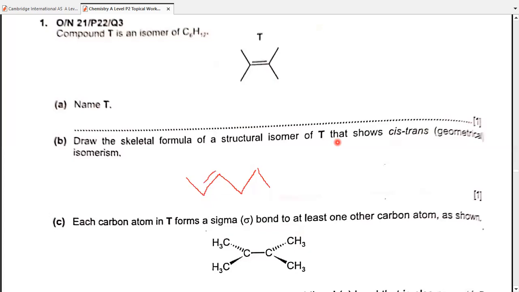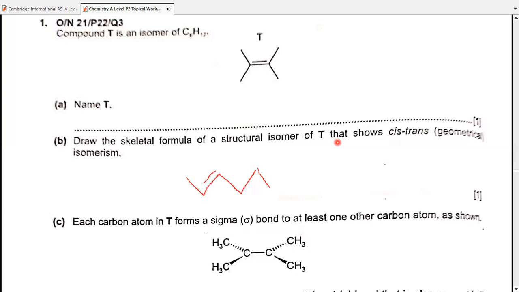Very good. So, I hope you remember the facts that I told you back in IGCSE. The two simplest ways of drawing a structural isomer. I'm not talking about cis-trans yet. A structural isomer is made by converting the branched chain structure into a straight chain structure, or vice versa. First method.